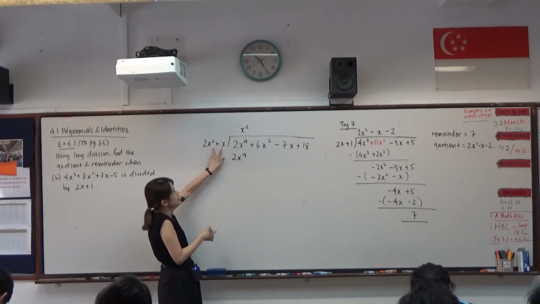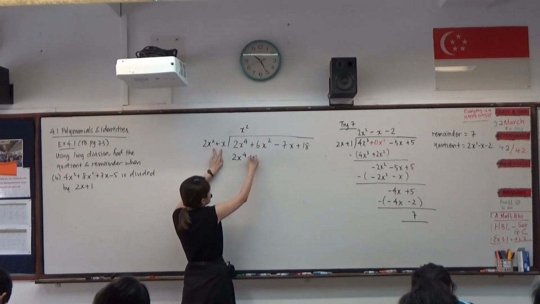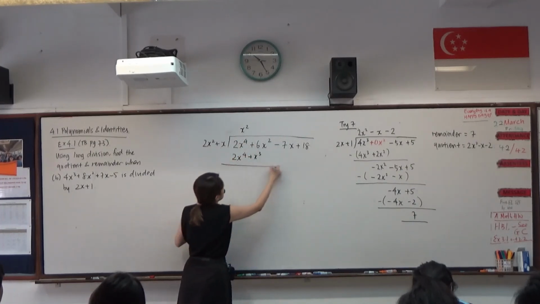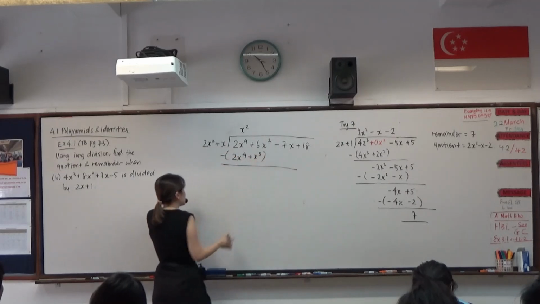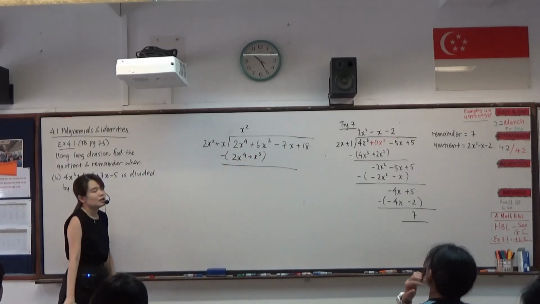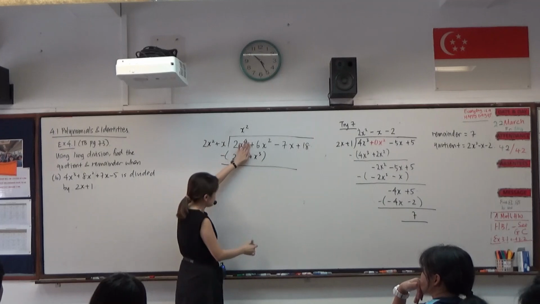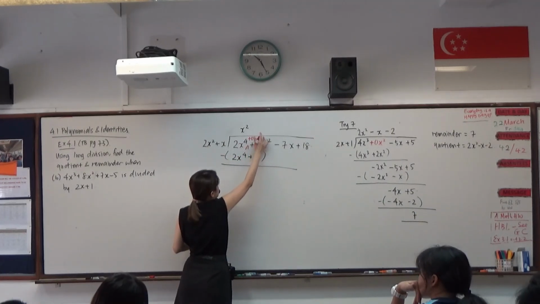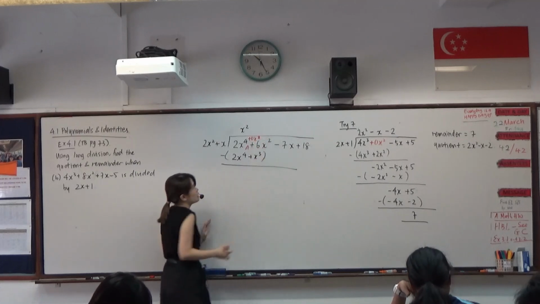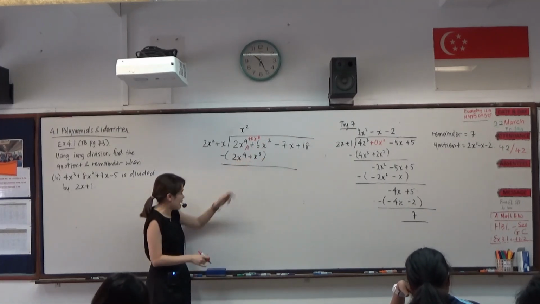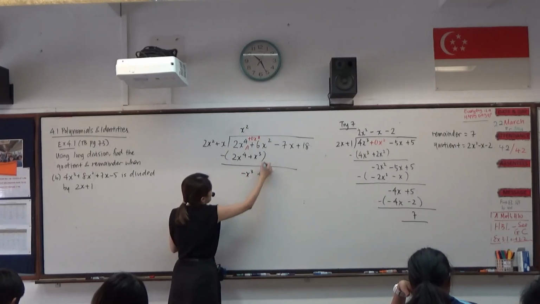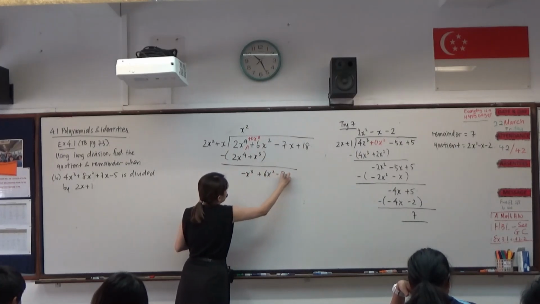X squared times x gives us a plus x cubed, for which we don't have that term here. Minus away this entire thing. So there is actually a plus 0 here. So we'll be having our negative x cubed, followed by carrying down the rest.